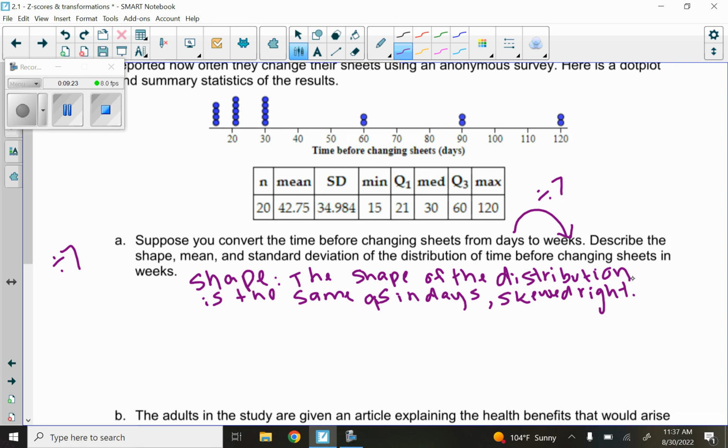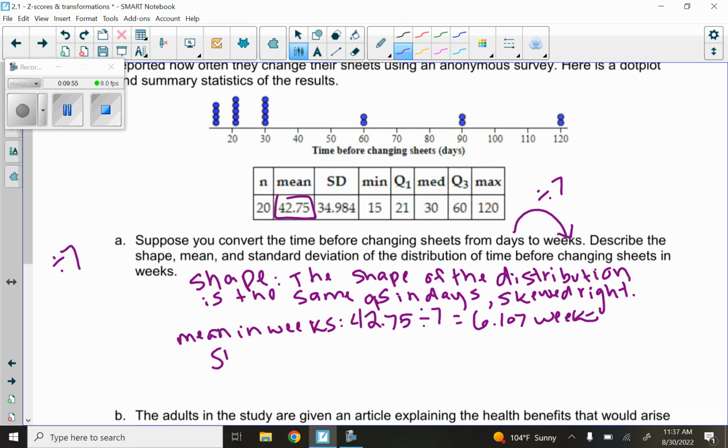Right, and then our mean in weeks would be that original 42.75 divided by 7, which would end up being 6.107 weeks. Guys, you should change your sheets more than that, just saying.